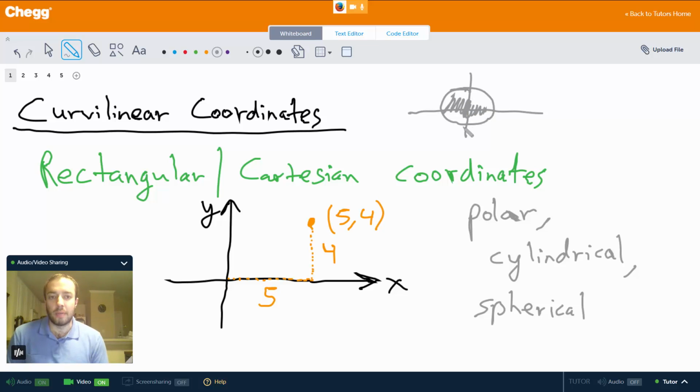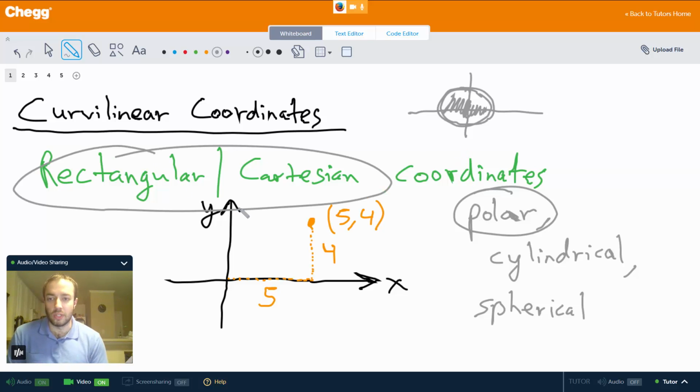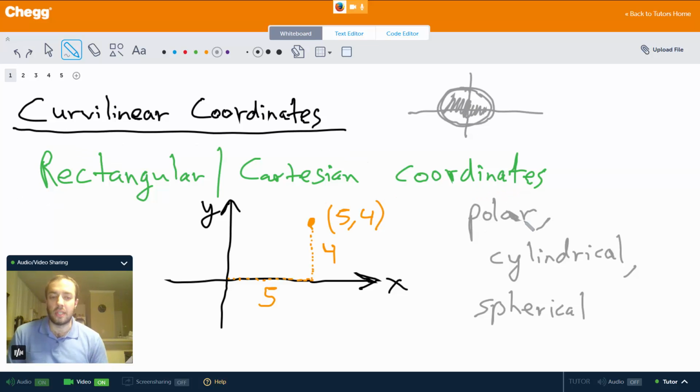Well, for circular objects, using polar coordinates is much, much better than using rectangular coordinates. Polar coordinates will greatly simplify all the calculations that you have to do. Similar things can be said about cylindrical and spherical coordinates. If the geometry of your object or your scenario is more cylindrical, then use cylindrical coordinates. If you're dealing with something spherical, use spherical coordinates. No surprise there. So that's why we want to have different coordinate systems: some of these might be more convenient depending on our application.